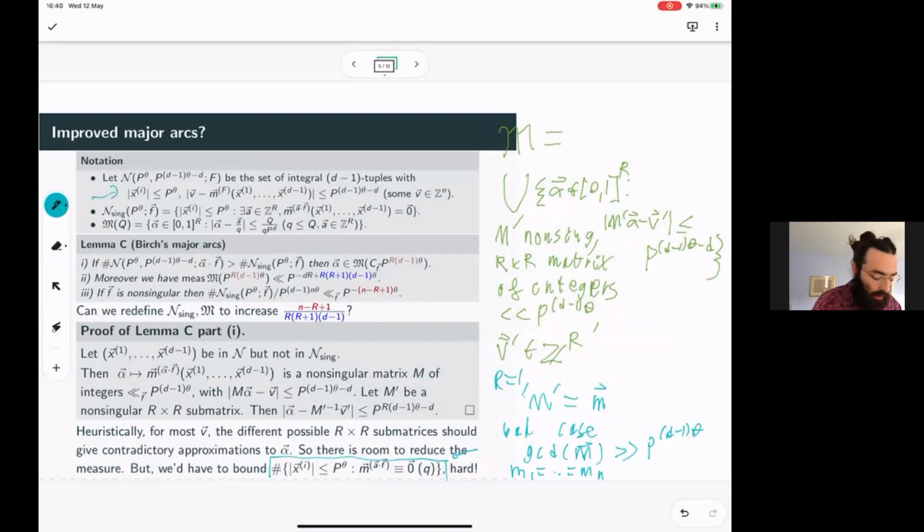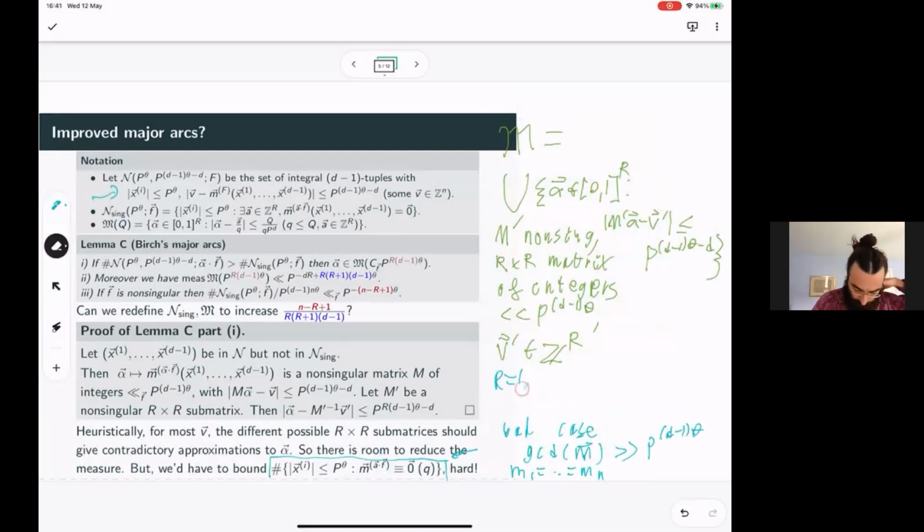So the solutions to these Diophantine inequalities, which are bad in this new sense, are those where we can put some non-trivial integer linear combination of the forms as argument in the vector f in the vector m, and we get something with a large GCD.